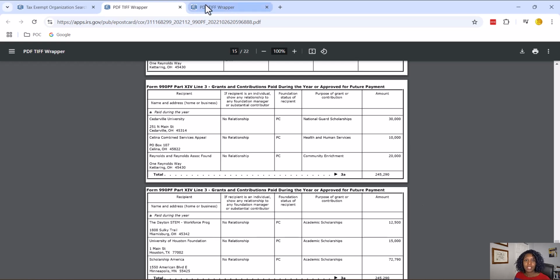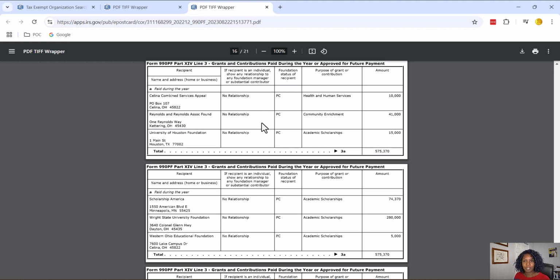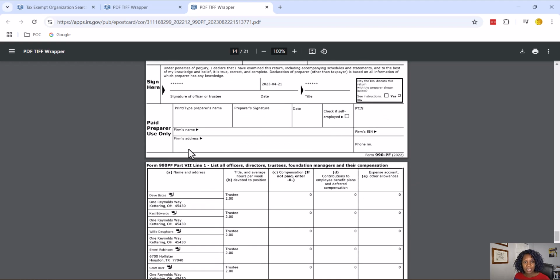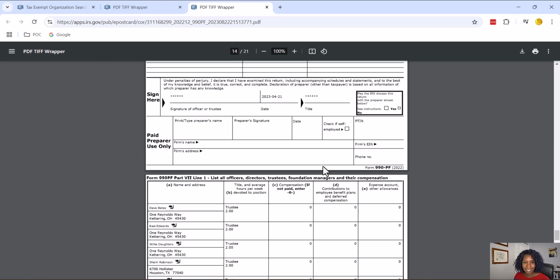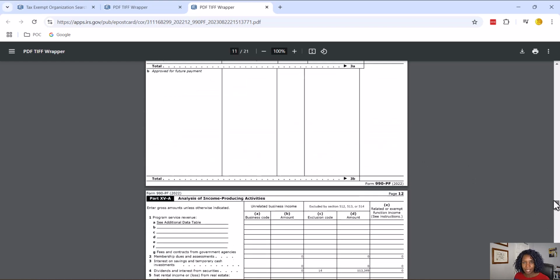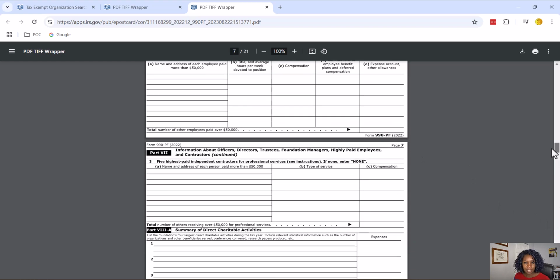Okay. So something else you can also do, I'm going to just flip back to 2022, is go to part 7 of the 990. Part 7 is information about officers, directors, trustees, foundation managers, etc. And you want to really focus on this section.